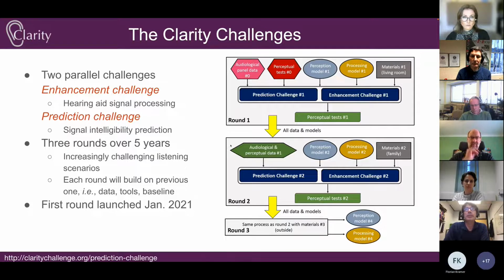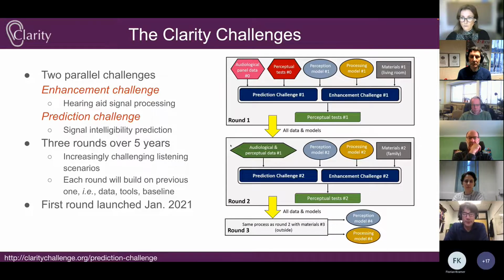But when we set this out, we realized that in order to do this, particularly from a machine learning point of view, you actually need good models of prediction as well. If you're lucky enough to have a panel of hearing impaired people, you can evaluate your algorithms. It might be costly to do. But if you want a quick evaluation of something you're developing, and you haven't got a hearing impaired panel, you're going to need something that stands in for them, and then you might be using an objective measure.